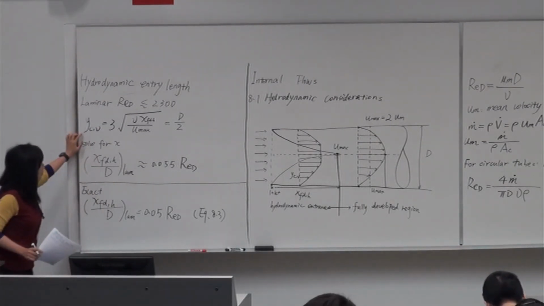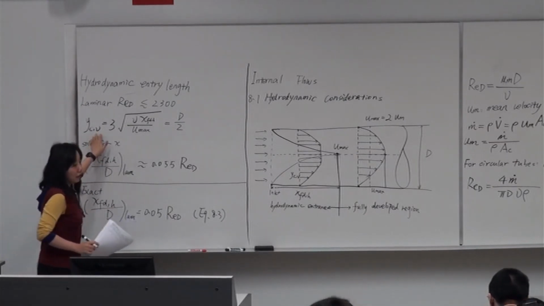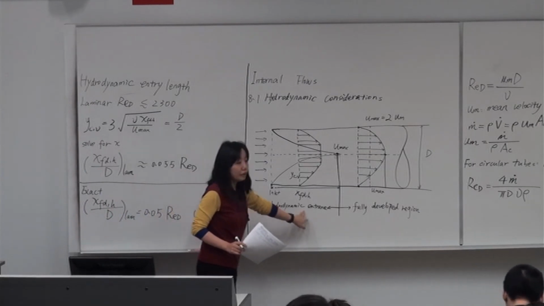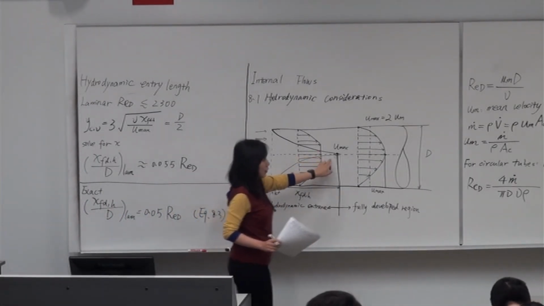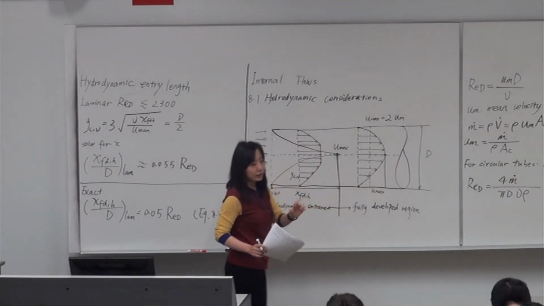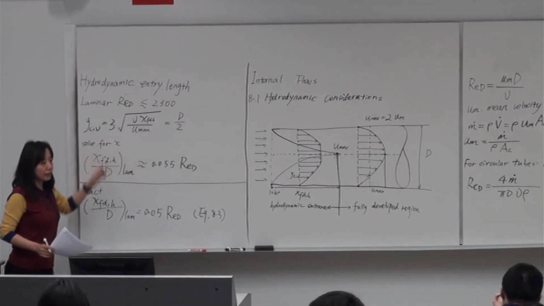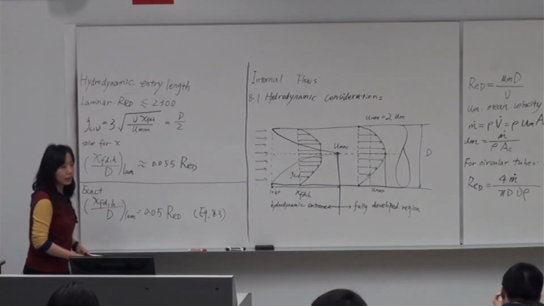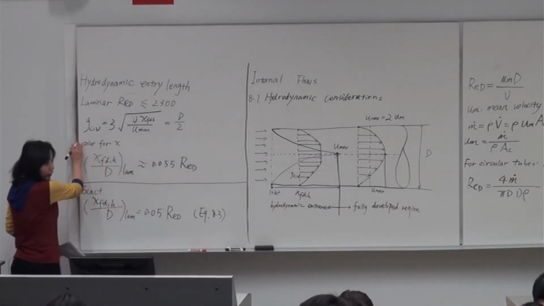But based on what we have already learned in external flows, we have our viscous boundary layer, and we understand what the entry length means when the two viscous boundary layers collide, each with a thickness of half the diameter of the tube. By simply establishing its equation, we can get to a correlation almost the same as the exact solution provided by our textbook, with just one equation.